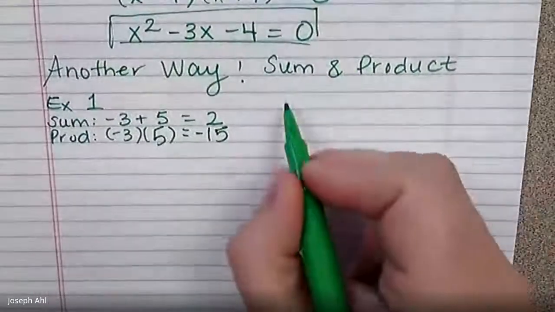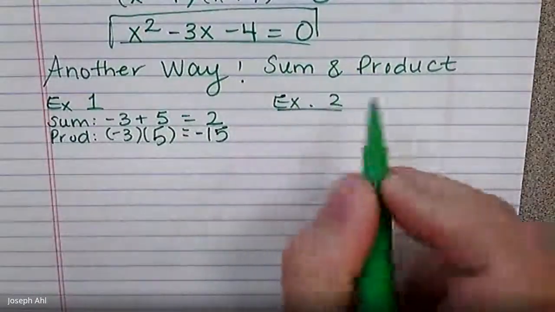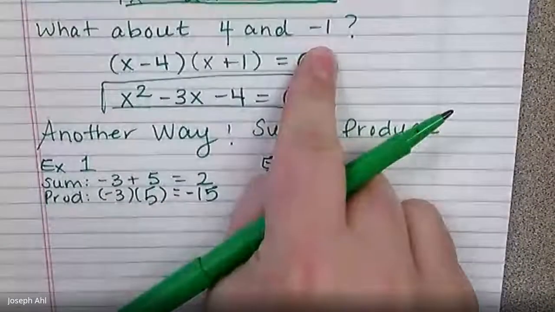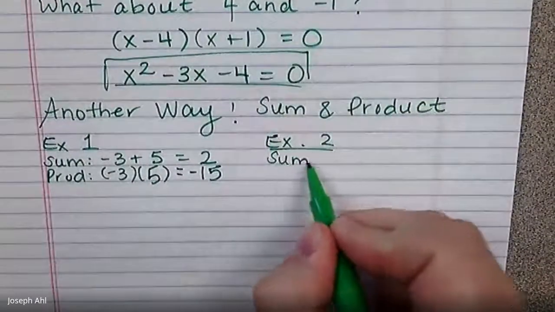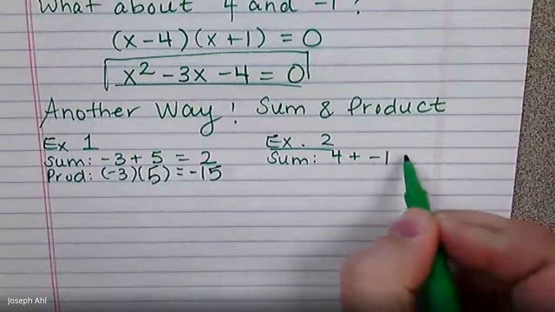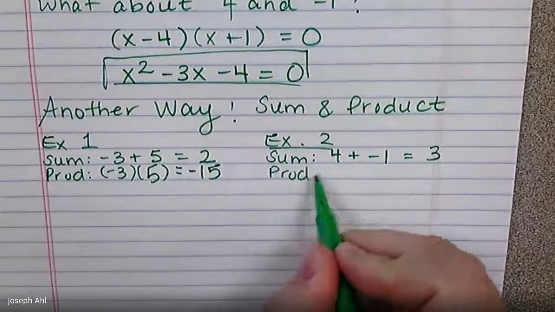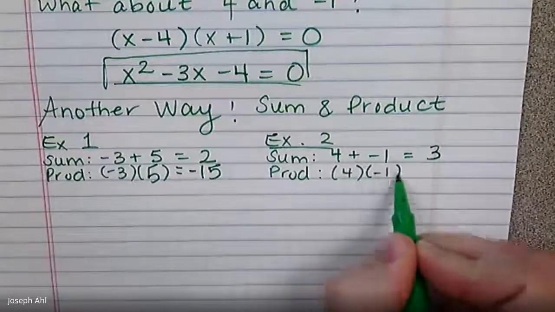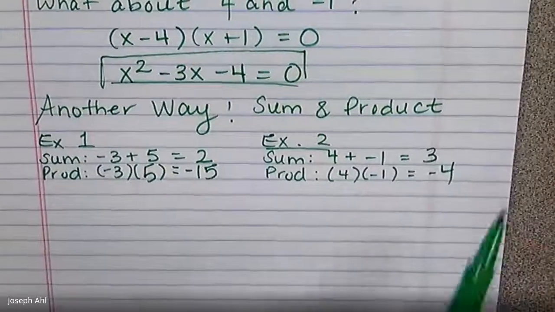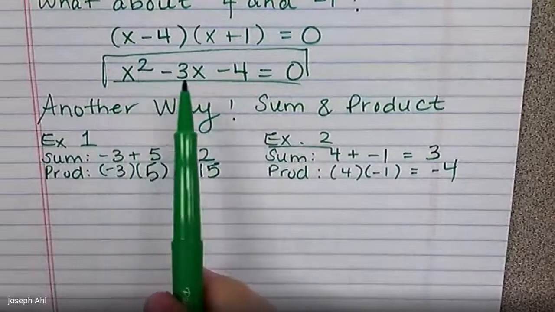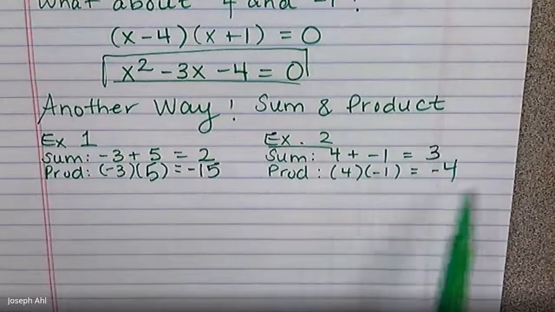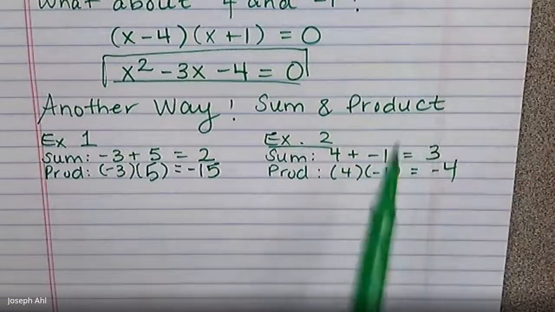All right, well, let's see what it looks like for example 2 that we just did. If the roots were 4 and -1 right here, let's find the sum. 4 plus -1 is 3. And the product, 4 times -1 is -4. Look at what the equation turned out to be. X squared minus 3x minus 4. Okay, those numbers look very familiar to me.